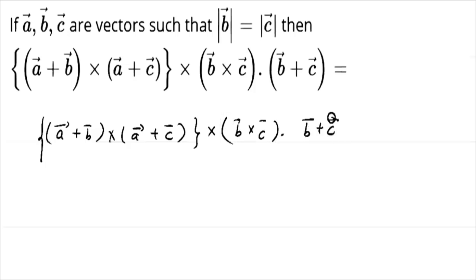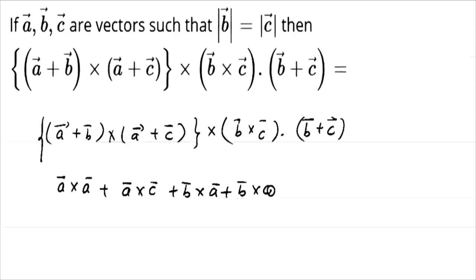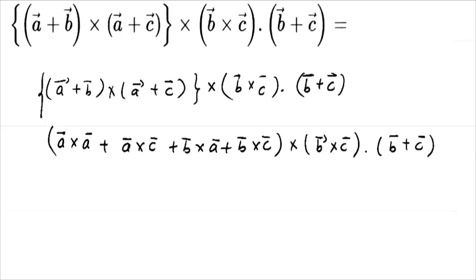B plus C. Right. Now if I solve the bracket part first, we have A cross A plus A cross C plus B cross A plus B cross C. Now this crosses with B cross C and then dot with B plus C. Then we have A cross A as 0.